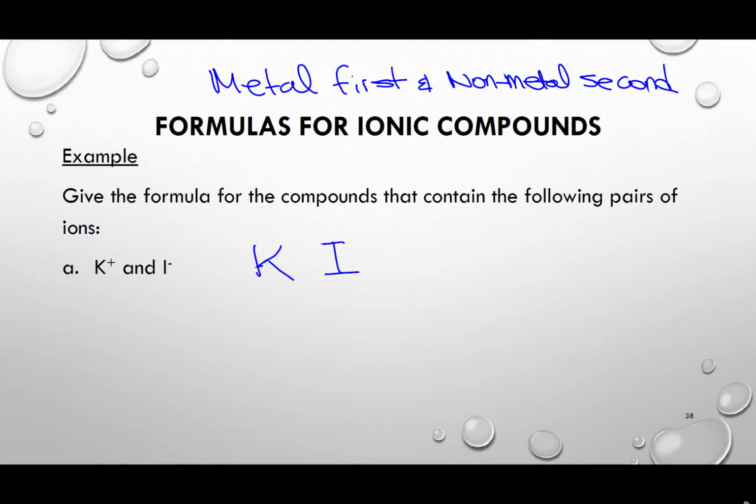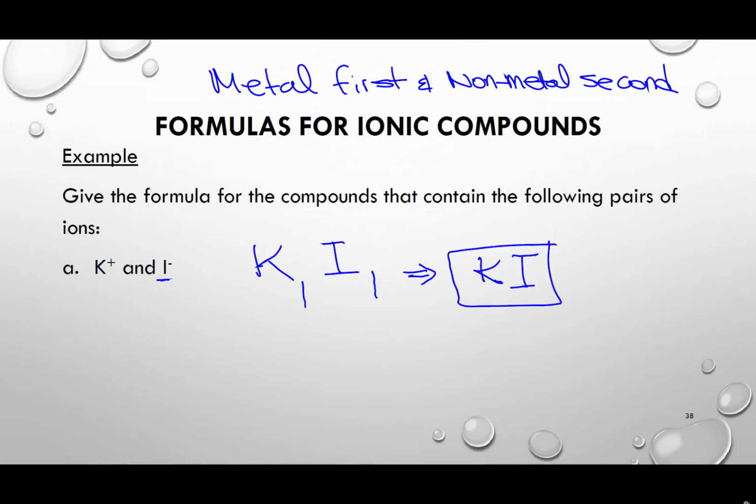Now that I wrote the potassium first, iodine second, the charge on the metal without the sign goes on the non-metal, and the charge on the non-metal without the sign goes on the metal. And we do not write 1. That's why I leave it as KI.